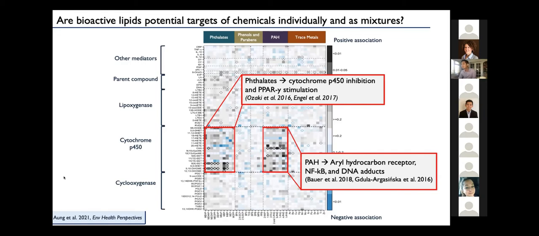For the polycyclic aromatic hydrocarbons, these chemicals can potentially bind to the aryl hydrocarbon receptors, and they can also interact with transcription factors such as NF-kappa B that are important for regulating the expression of inflammatory markers such as cytokines. Additionally, mechanistic studies have also demonstrated that PAHs can form DNA adducts, which can also influence gene expression of several enzymes, including cytochrome P450.